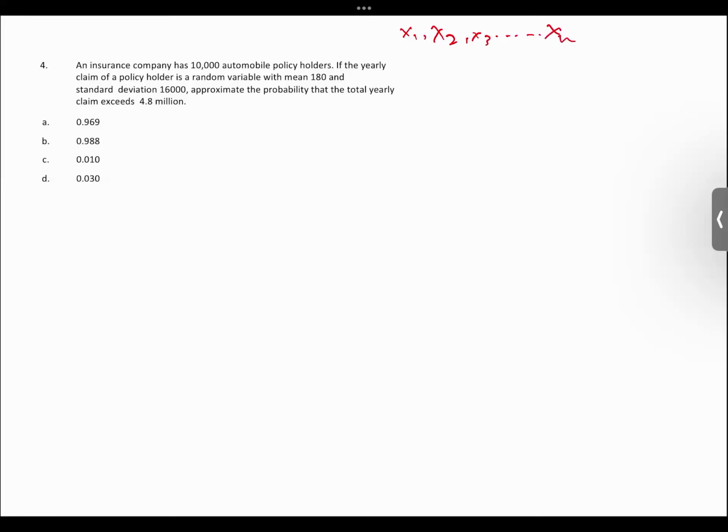If the yearly claim of a policy holder is a random variable with a mean of 180 and standard deviation of 16,000, approximate the probability that the total yearly claim exceeds 4.8 million. Total claim means you have to do a summation of all this.